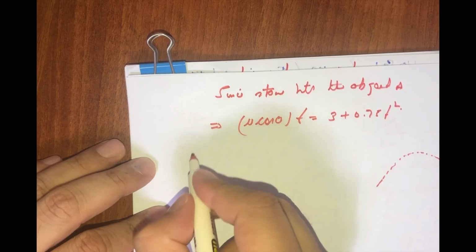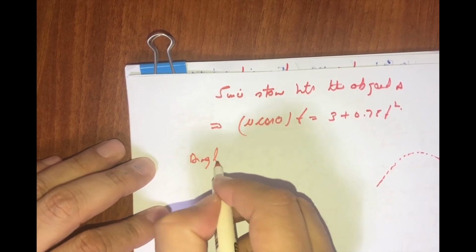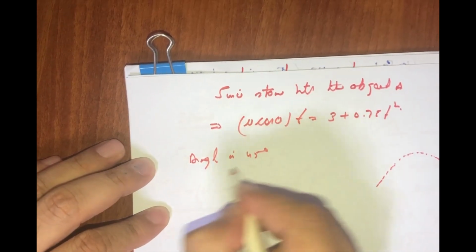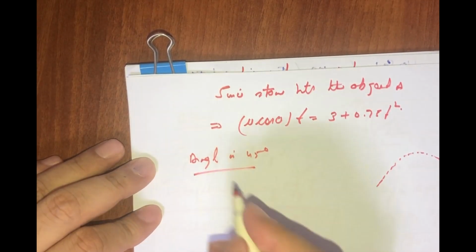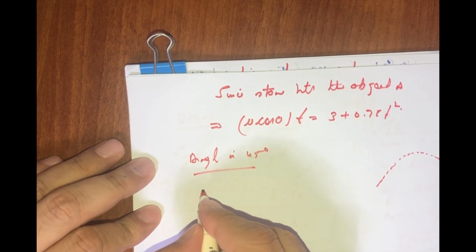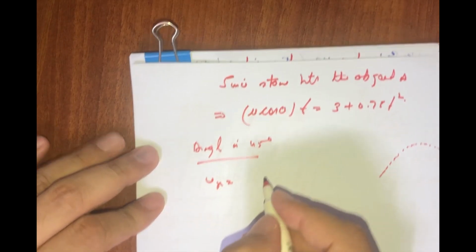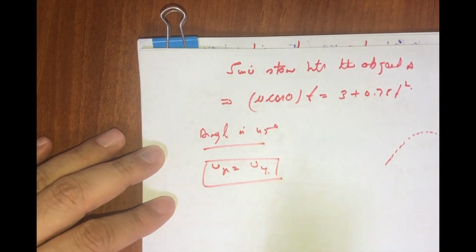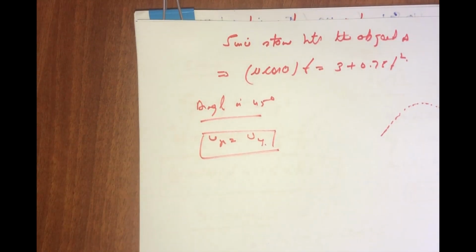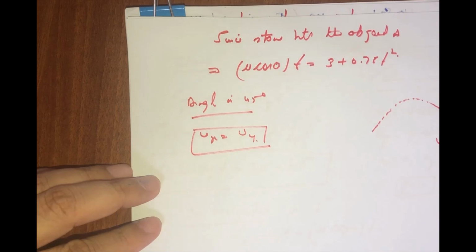So as the angle is 45 degree, we can say that the horizontal component of the velocity, that is Vx, will be equal to the vertical component of the velocity, that is Vy.